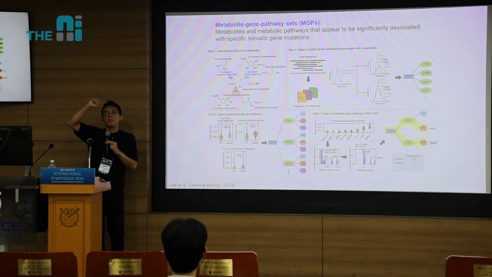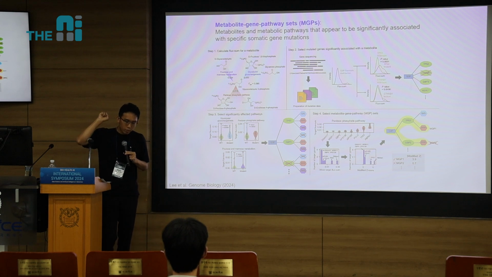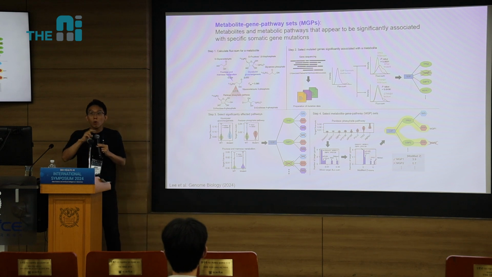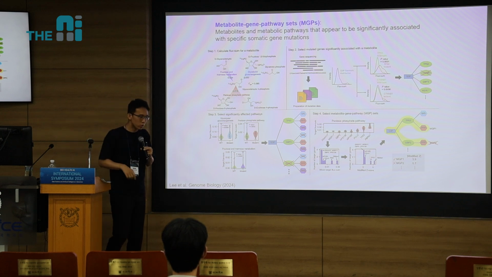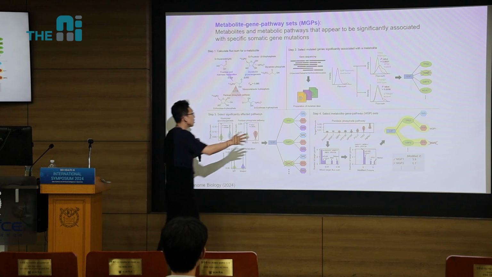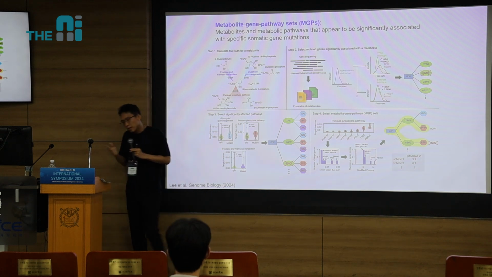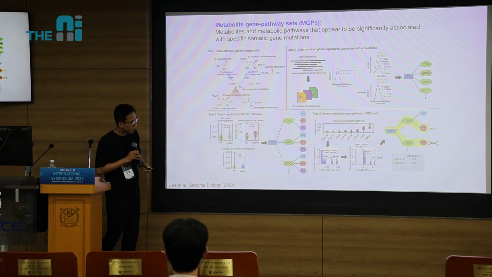The third and fourth steps are more like removing unrelated pathways and genes. Let's say there's a metabolite A. There could be more than one metabolic pathway that can contribute to the biosynthesis of that metabolite. Likewise, there could be more than one gene that can contribute to the biosynthesis of the metabolite. So now we want to remove such pathways and genes that have nothing to do with the overall metabolite candidate.